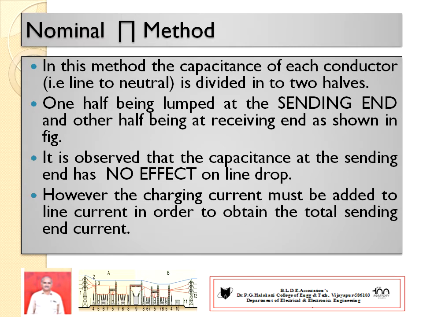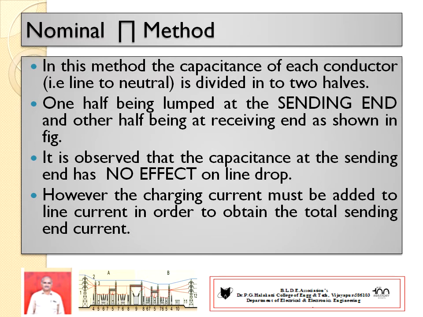In the nominal pi method, we place the capacitance at more than one point: 50% of the capacitance is placed nearer to the receiving end and 50% nearer to the sending end, both as lumped conditions.